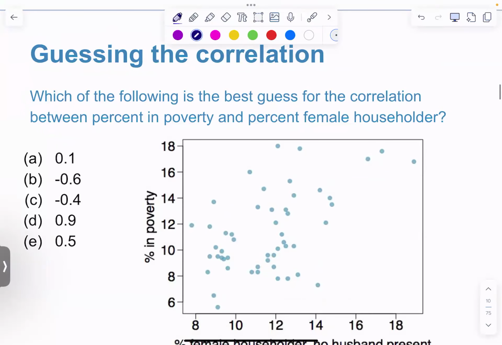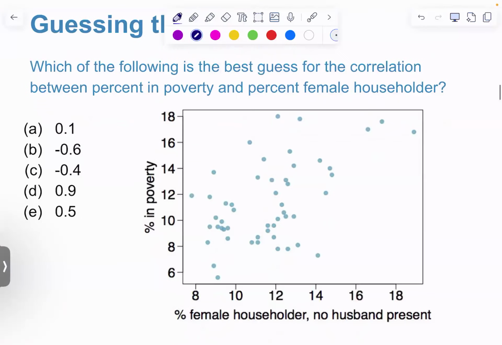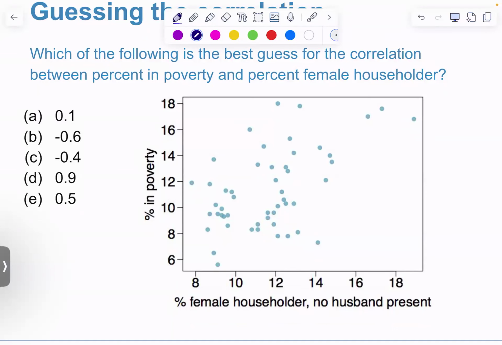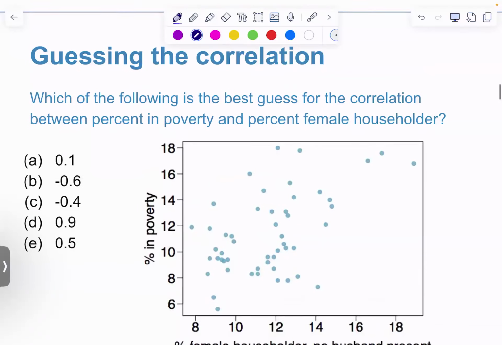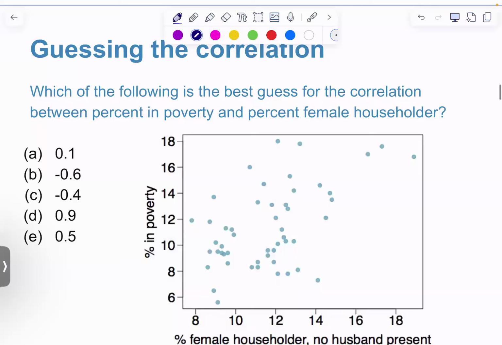Do the same thing for the percentage in poverty and the percentage of female householder, no husband present. It's obviously census data or some sort of government collected data. They only collect boring things. But the correlation here, a little bit trickier, right?